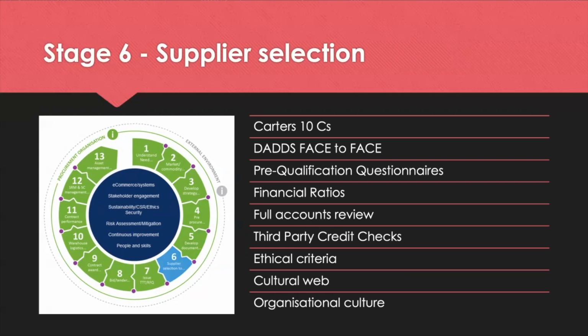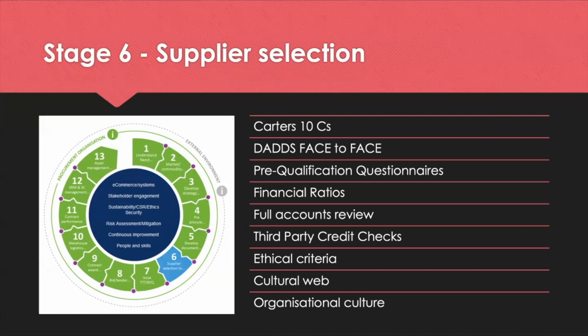Some of the things and theories you can put in here are Carter's 10 C's, which look at things like capacity, cost, capability, culture, communications, clean, control. There's quite a few of them. Look them up if you're not sure. And the DADS face-to-face is an alternative to Carter's 10 C's, but it's roughly the same thing. Public sector sometimes use pre-qual questionnaires or SSQs, which is a standard selection questionnaire.